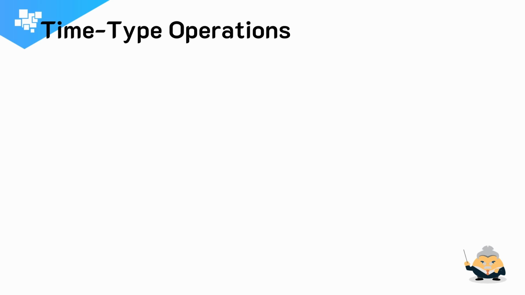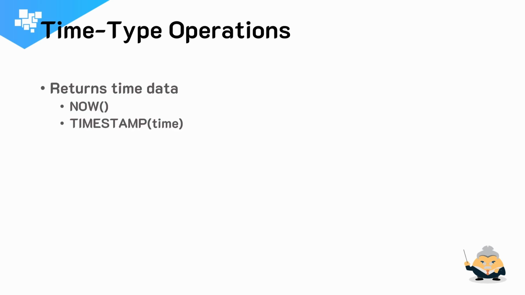All right. So to get started, let's just go over some very simple time series queries first. So these are some time type operations that you can do if you have a time series container or data that has time series data in it. So for example, you can use now, which will just use the current time as a basis for your query, which makes it a simple way of comparing against time to your current time, basically.